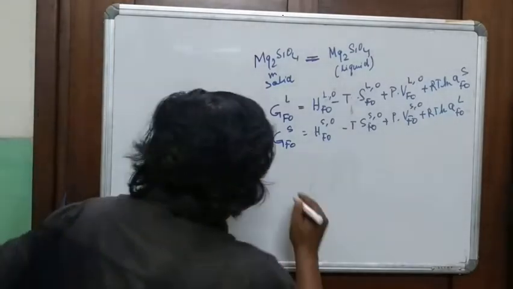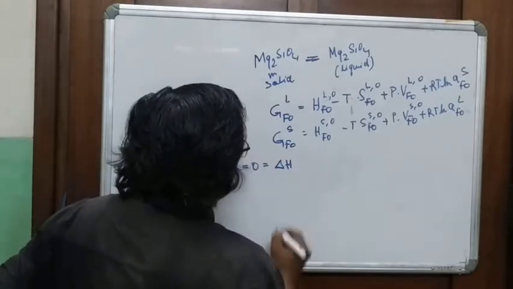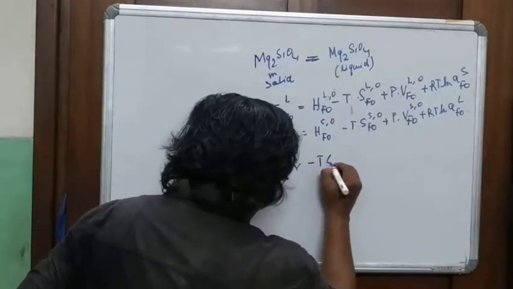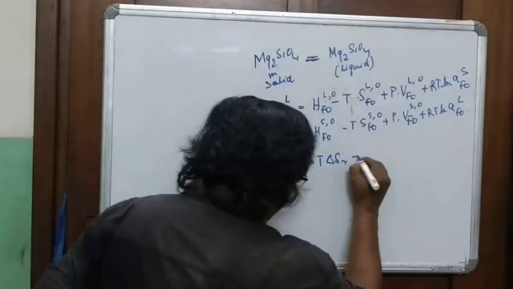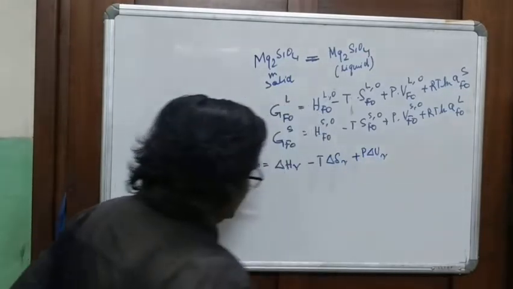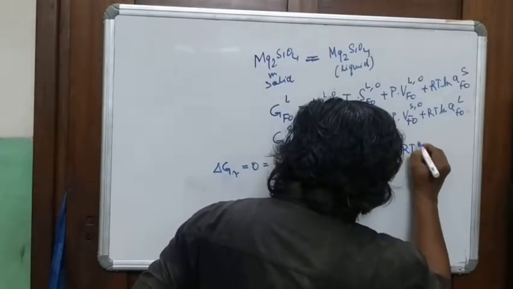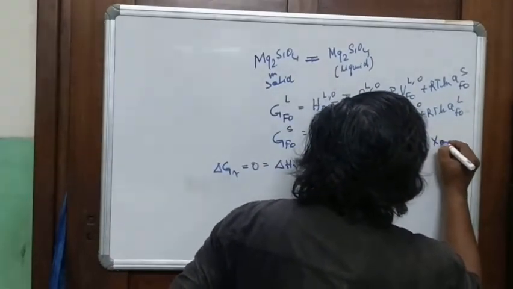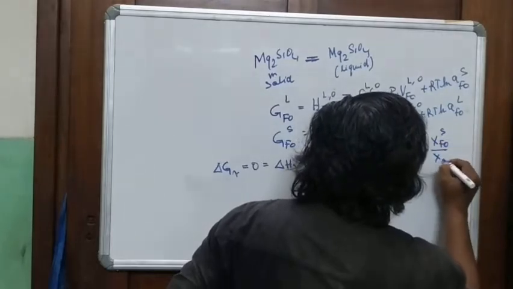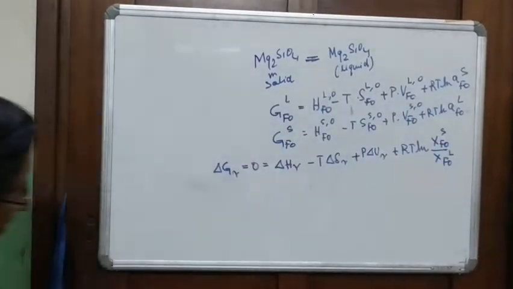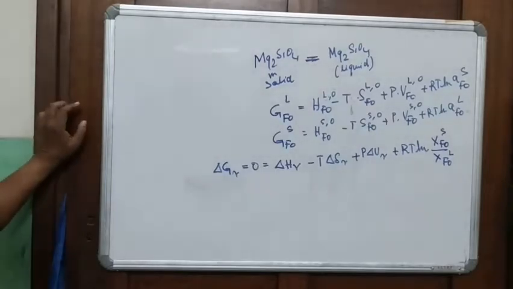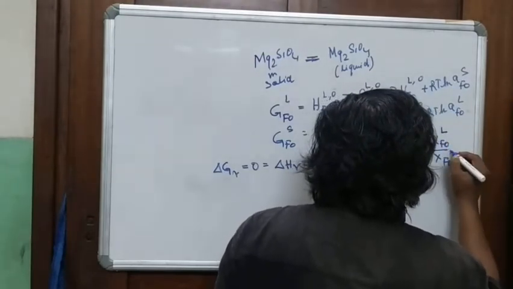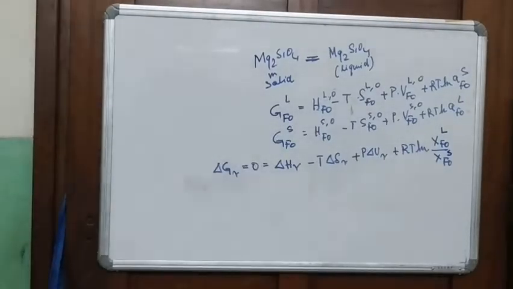If they are at equilibrium, then you will have delta H of the reaction minus T into delta S of the reaction plus P into delta V of the reaction plus RT ln, and if we take ideal mixing as I told you, then it will be X forsterite in the liquid divided by X forsterite in the solid. This is how the expression goes.